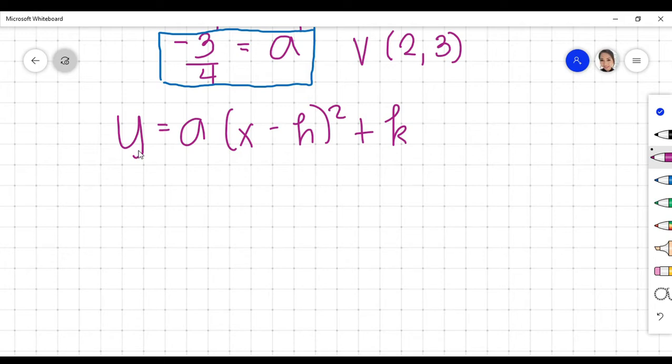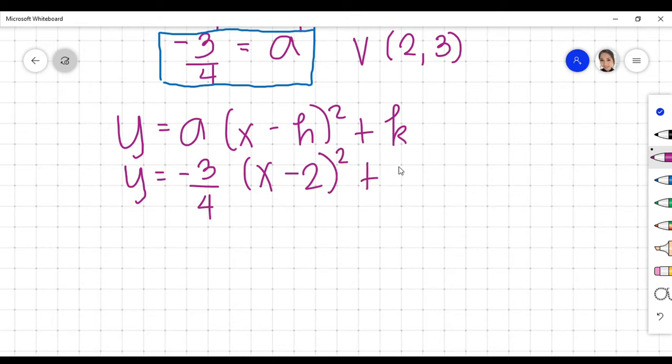This time, hindi na. So, copy y equals, yung a natin is negative 3 over 4. Copy x minus 2 squared plus k, which is 3. Then, simplify this. So, copy y equals negative 3 over 4. Okay. So, since ito is a square of a binomial, we have to expand that one.